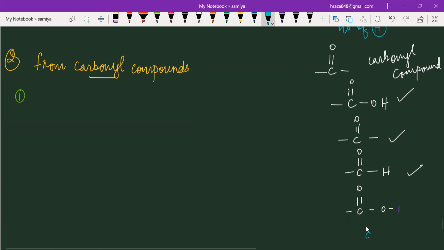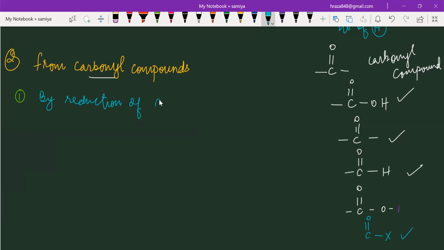And you have also seen acyl halide, that is also a carbonyl compound. All the functional groups which have C double bond O are called carbonyl compounds. Is that clear?